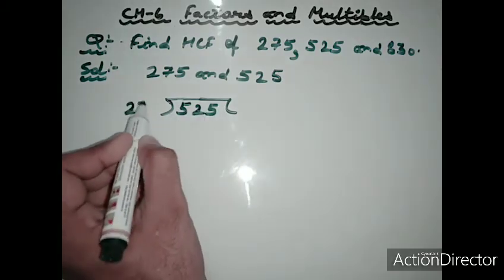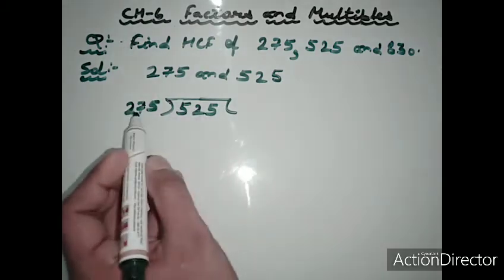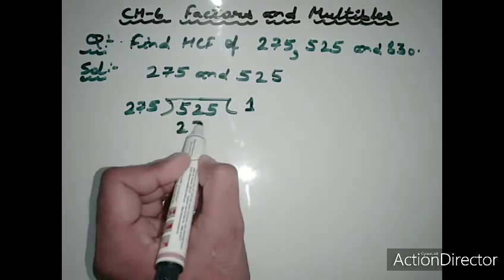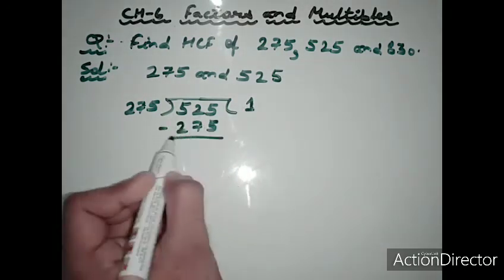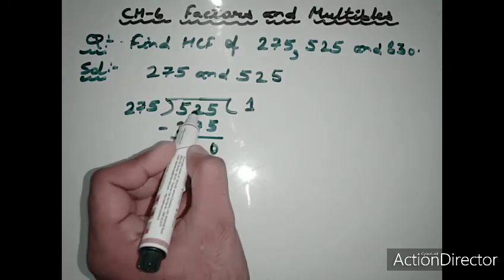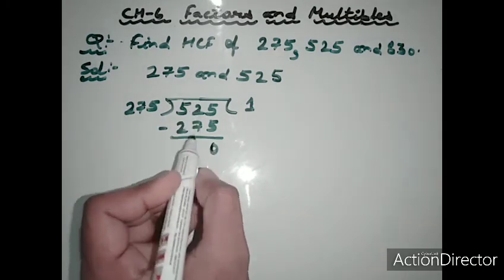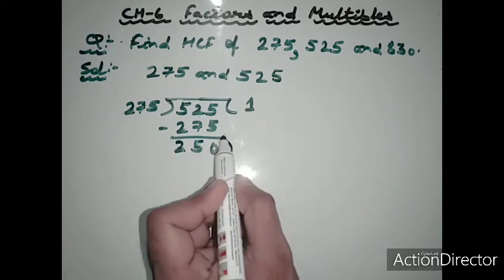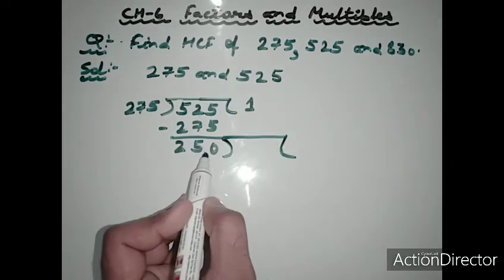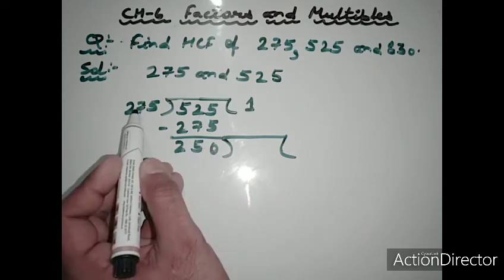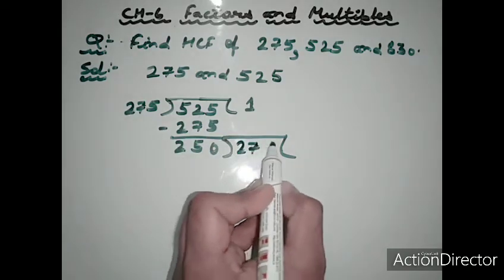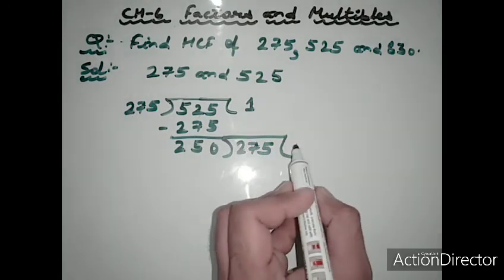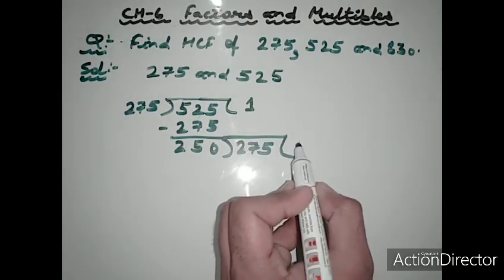And divide by 275. Now how many times is 525 divisible by 275? One time. Now we subtract these two numbers: 5 minus 5 is 0. Here we take one borrow, 12 minus 7 is 5 and 4 minus 2 is 2. Now we take this remainder as the divisor, and we take 275 as the dividend. Now 250 divided into 275 goes one time.